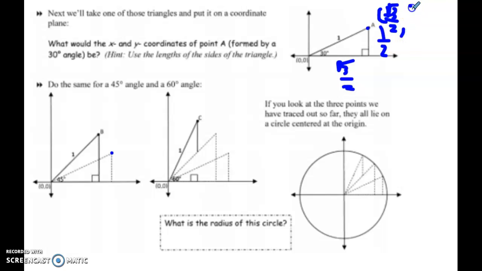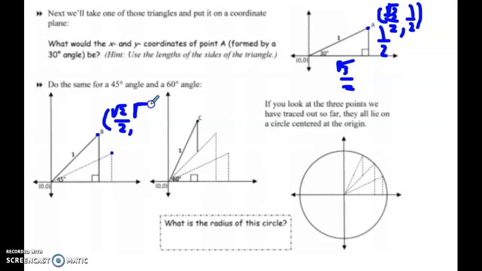That would be the x coordinate, and then 1/2 would be the y coordinate. And do the same thing for B. For B, the coordinate would be the square root of 2 over 2, because that's how far over you're going in the x-positive direction.